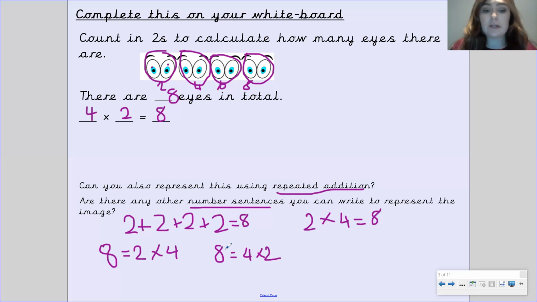So just have a look at that, because I know sometimes this throws us off a little bit when the answer looks like it's before the actual number sentence itself. Now we need to remind ourselves that this sign here means that whatever is on this side of the equals sign means the exact same will be over here. So 4 times 2 is the same as saying 8.